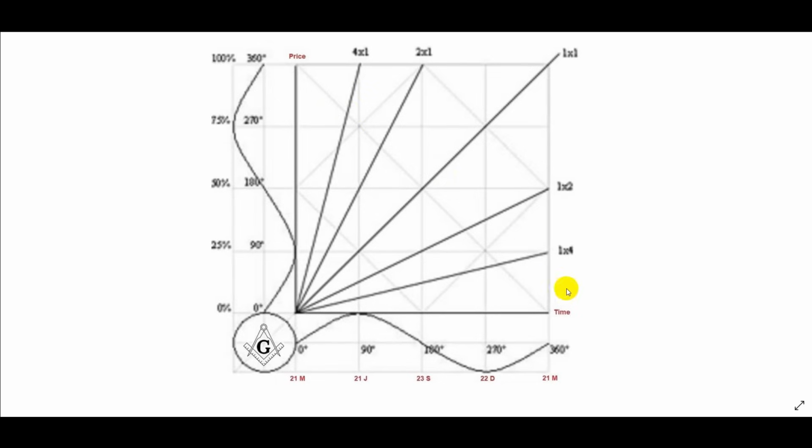The angle from top to bottom connects and bisects every square. Both the diagonals meet at the center. So 1 square, 2, 3 and 4. This is 1 cross 1, 45 degree.